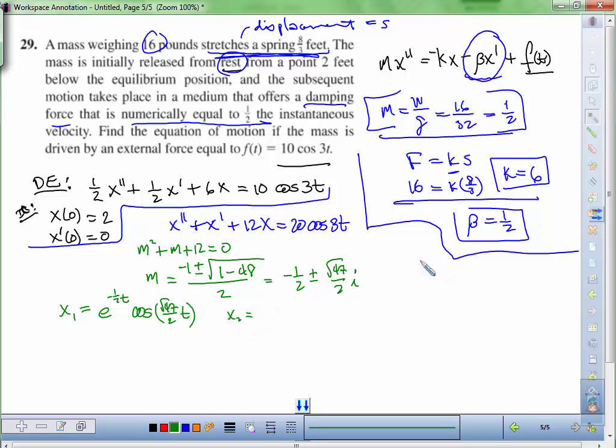And our x2 is going to be e to the negative 1/2 t sine of square root of 47 halves t. Those are two fundamental solutions. We can put them together to make our complementary solution with the C1, C2, but we still need to find a particular solution.